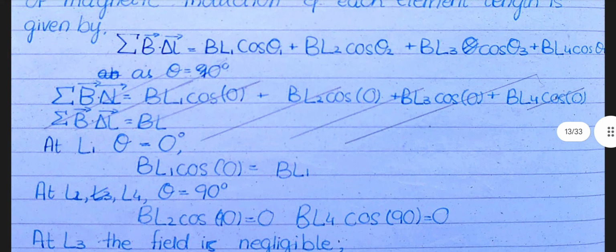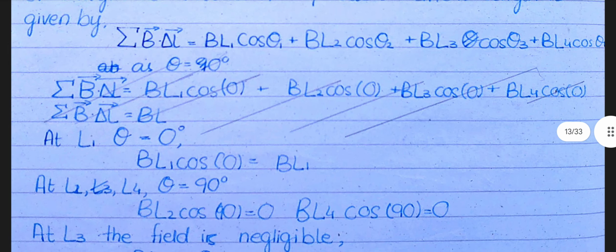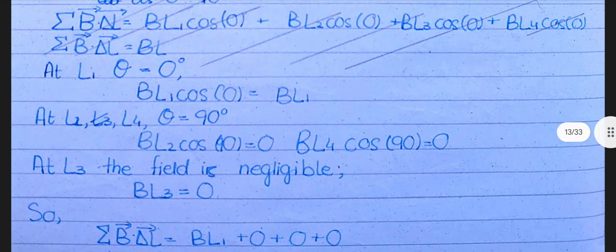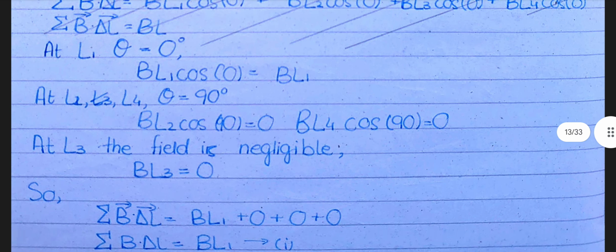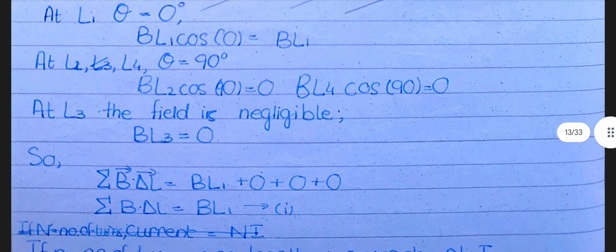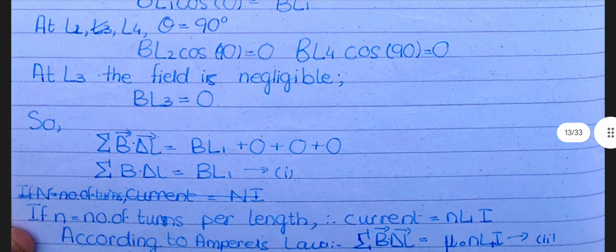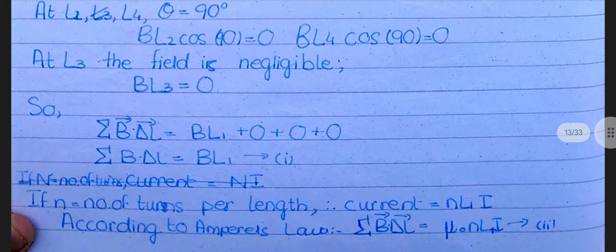At L1, theta is equal to 0, BL1 cos 0 is equal to BL1. At L2 and L4, theta is equal to 90 degrees, BL2 cos 90 is equal to 0, BL4 cos 90 is equal to 0. At L3 the magnetic field is negligible, BL3 is equal to 0. So the summation B vector dot delta L vector is equal to BL1.